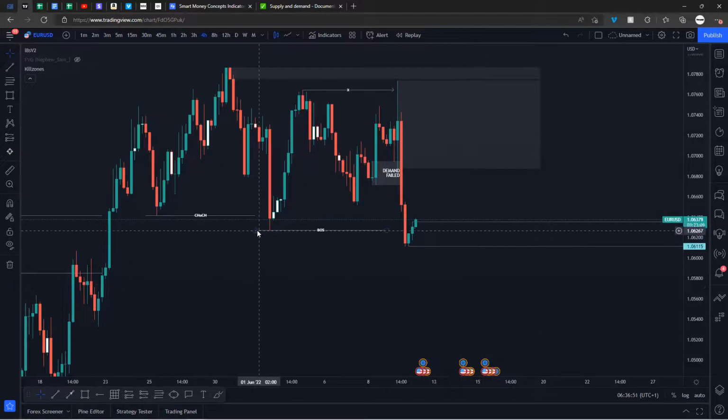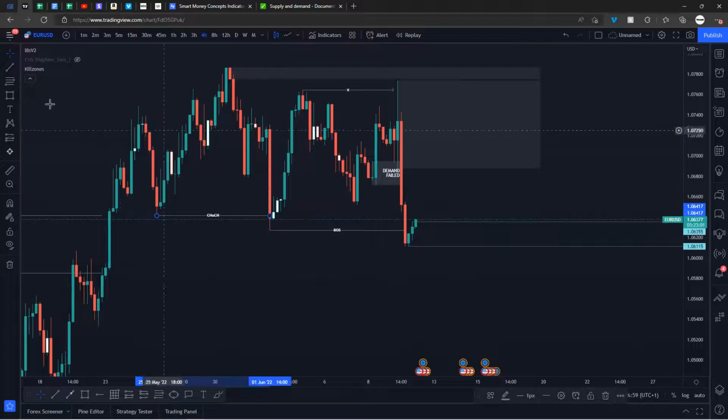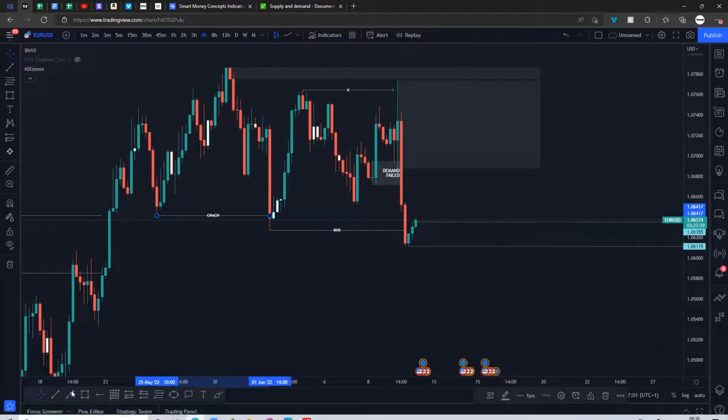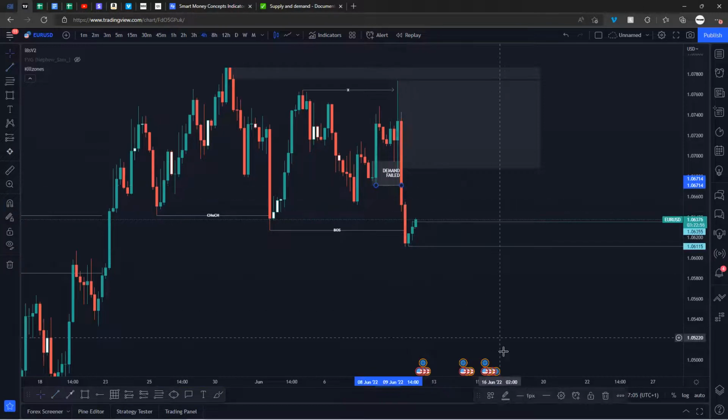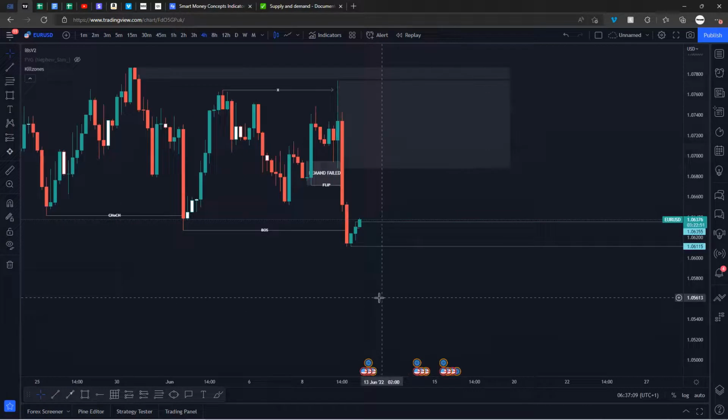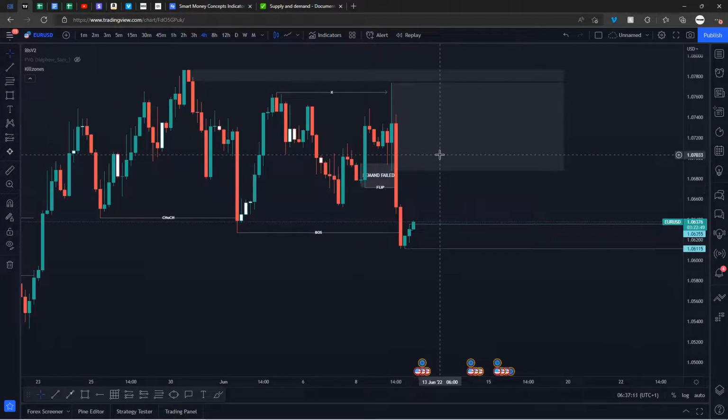And of course, we have this break of structure to confirm it. This change of character is nice, but the main thing that I'm looking at over here is our flip zone. Right there. Okay, so price is currently moving up, so we'll have to wait and see.